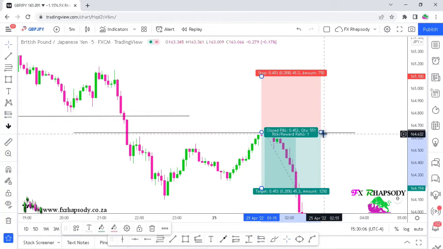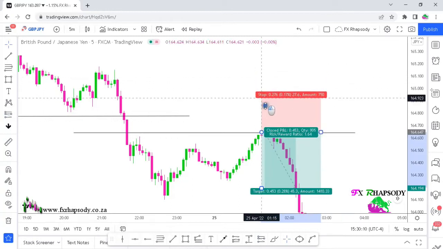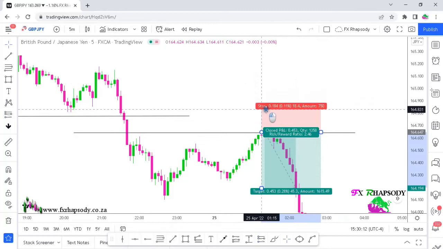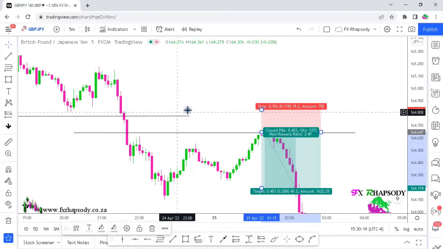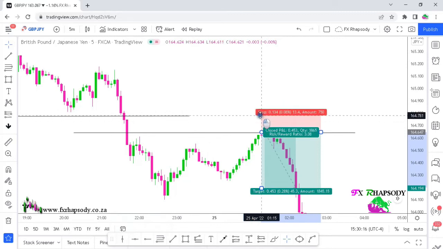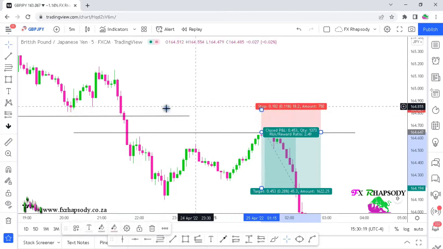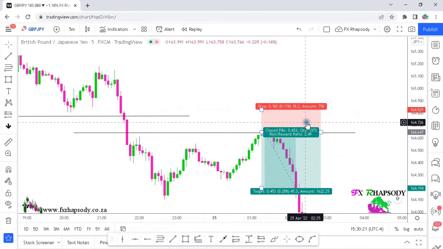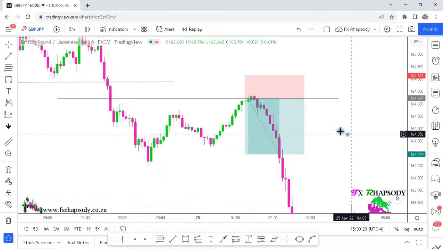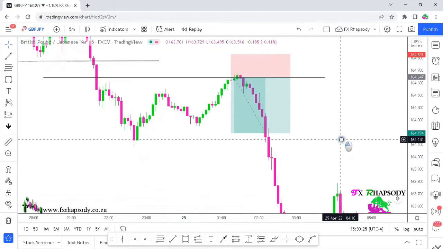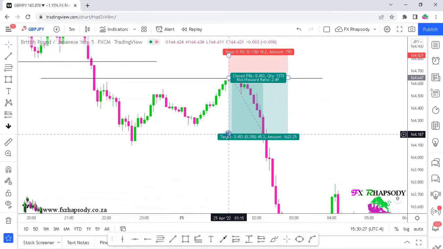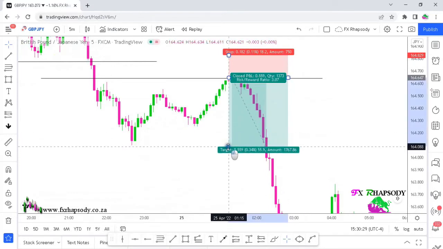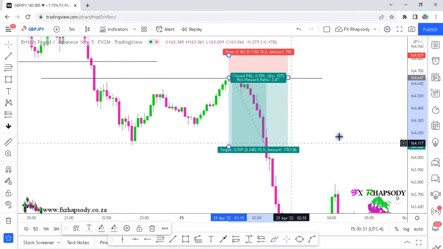A little bit of a drawdown, not much. There's going to be your stop loss just above that. A lot of guys place it a little bit closer. I like placing it just above the high of that previous one. So what was this? 18 pip stop loss, and then my take profit would have been just below that low, just because that is what I do.